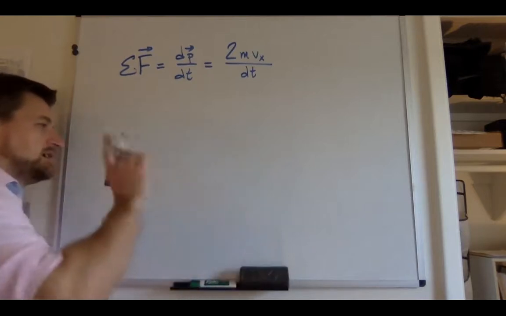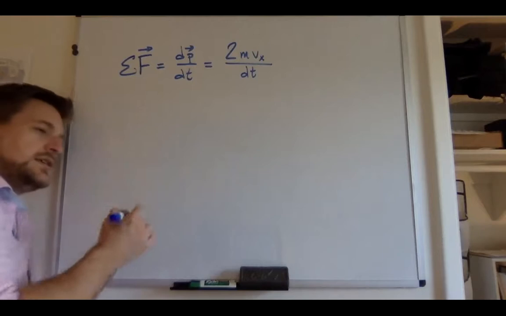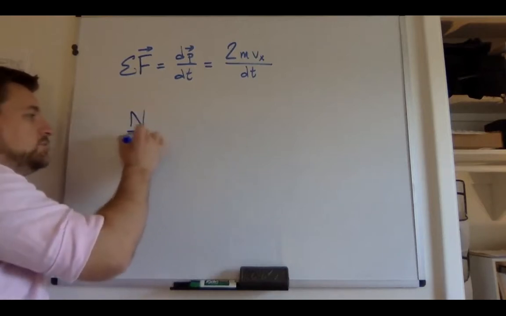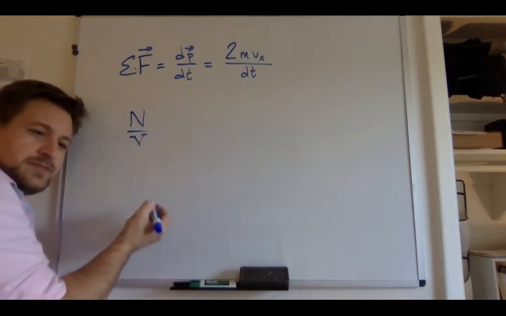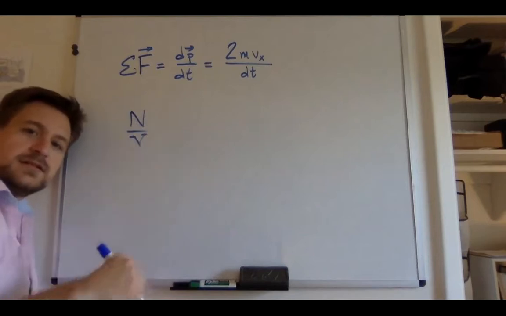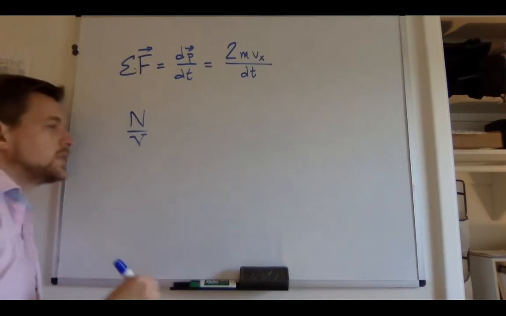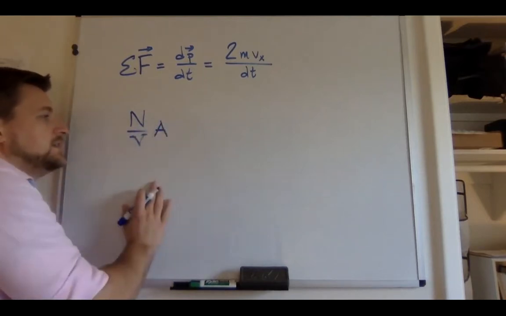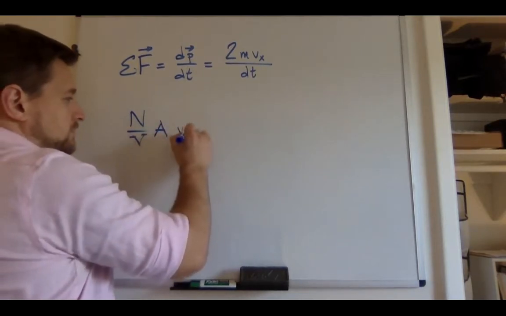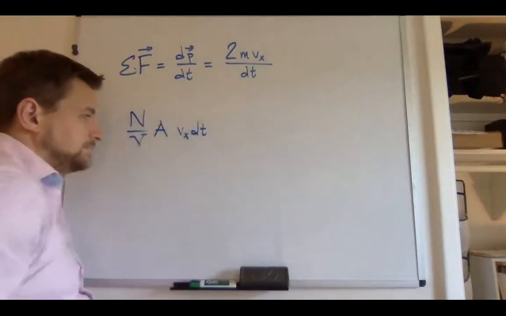This is all to say the average molecular density is capital N per V, but we're considering a volume equal to the volume of that cylinder in the slide we were just looking at, which had an area A and a height vx dt.